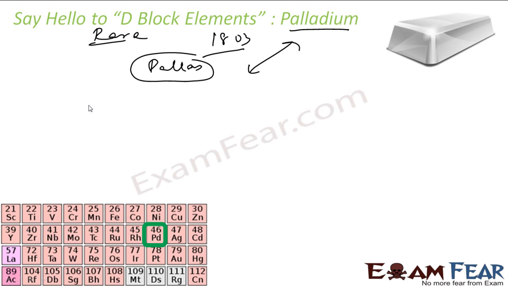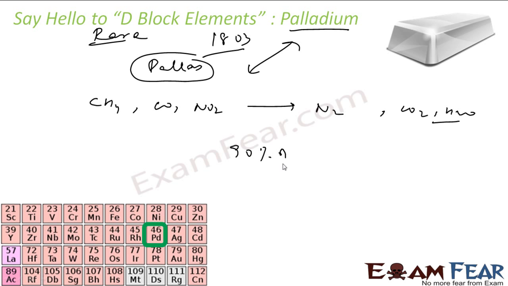Example, you have any CH4, methane, let's suppose, or you have carbon monoxide, nitrogen dioxide, it will convert this to nitrogen gas, carbon dioxide, or water. So it does conversion. Also, it absorbs 900 times more than its volume of hydrogen.